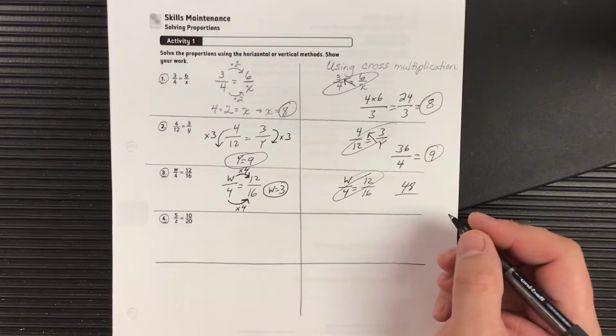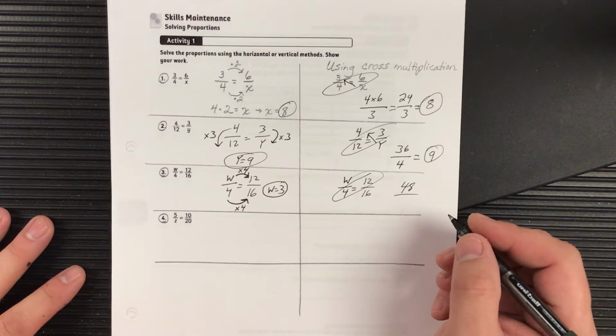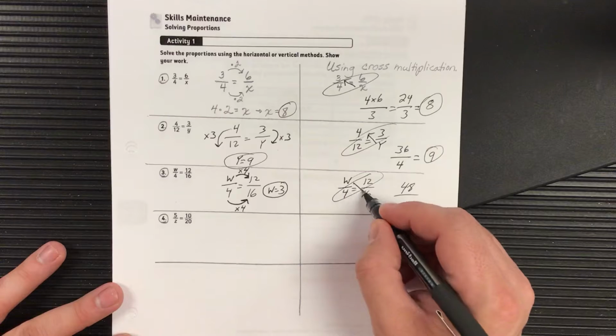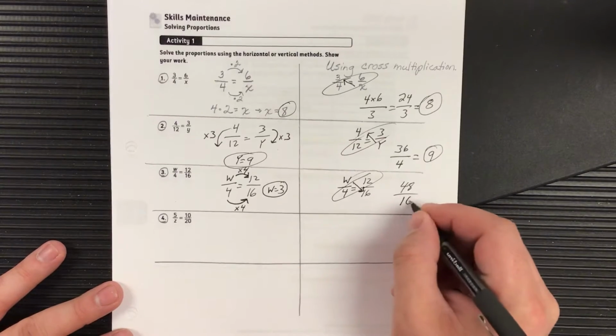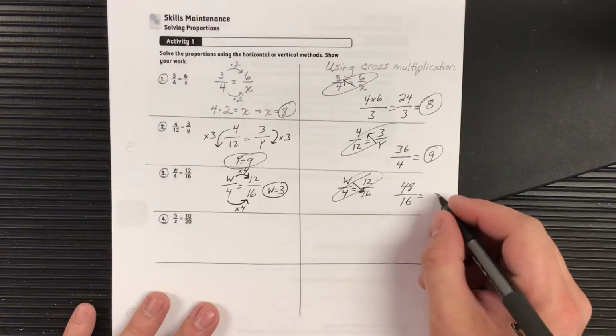Divided by what letter or number is across from the variable? What number is across from the variable? So 48 divided by 16 is 3. Notice the same answer.